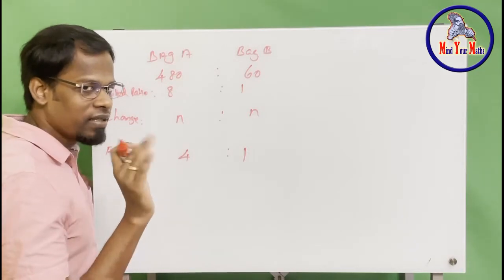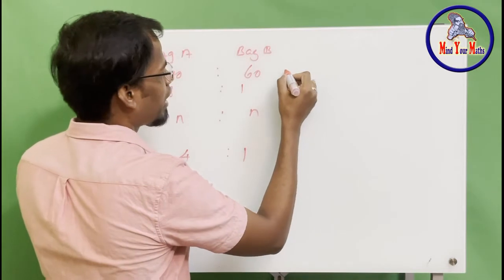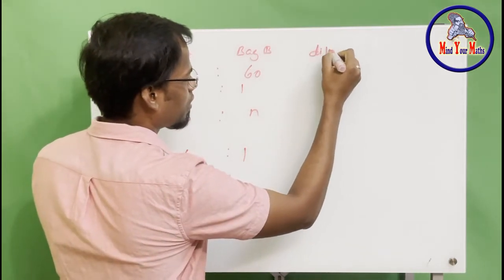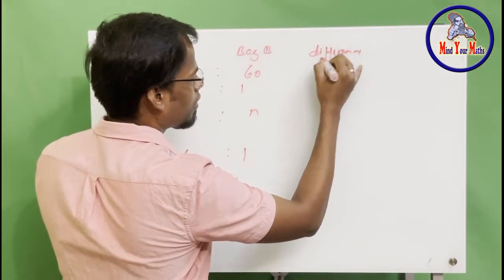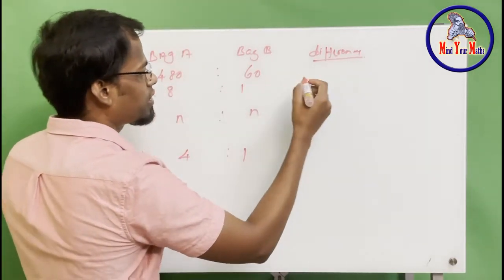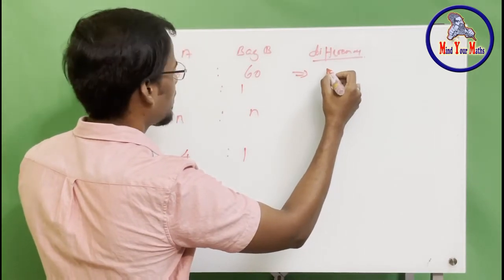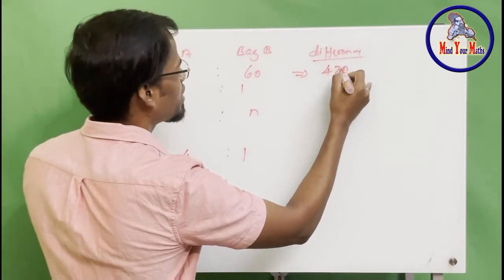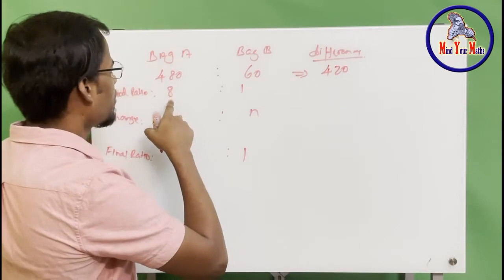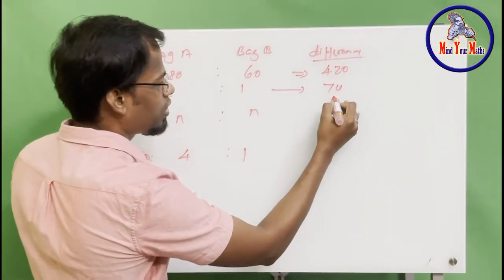Got it? Now let's find the difference at the beginning. 480 minus 60, how much will it be? 420. Very good.